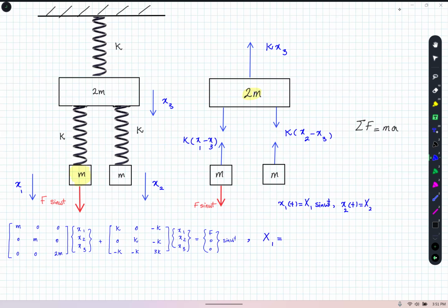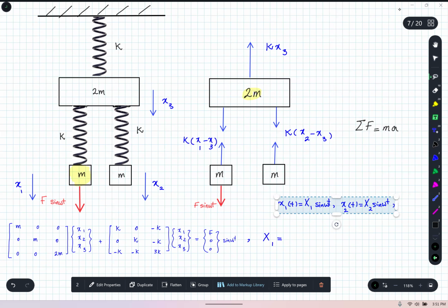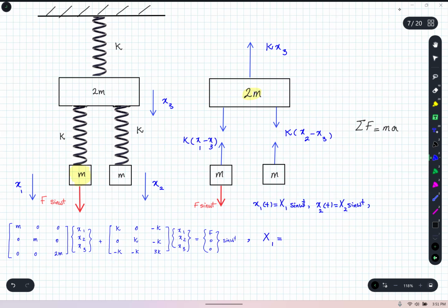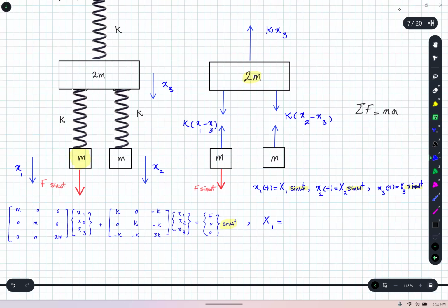X2 would be x2 sine omega t, and x3 will be x3 sine omega t. All right, which is obvious because I have here sine omega t, right? So most likely this function would be a good fit for that one. I substitute all of that and simplify it. I'm just going to write the result.